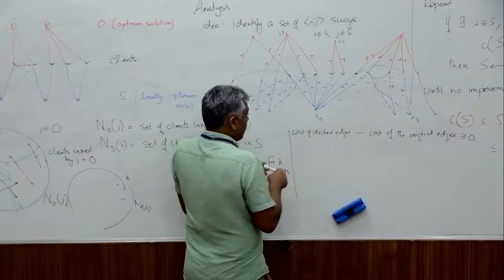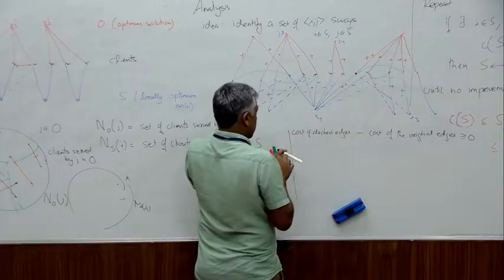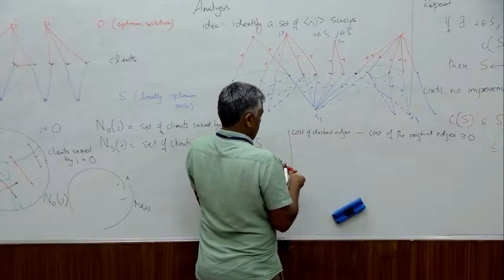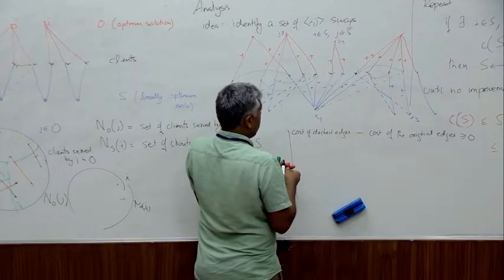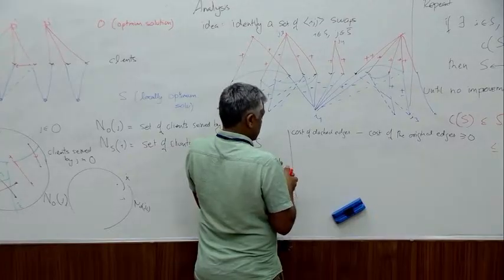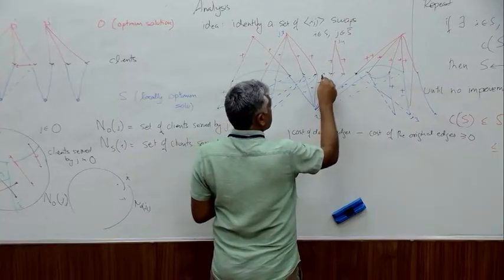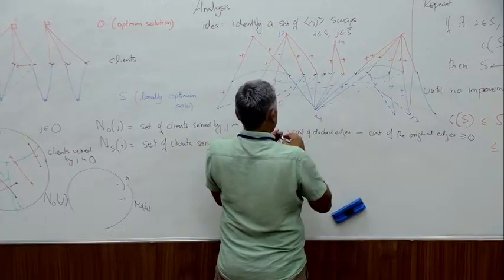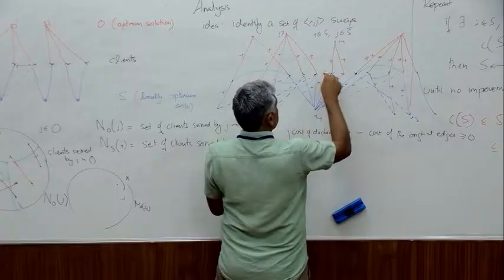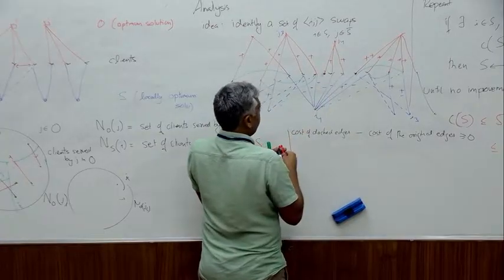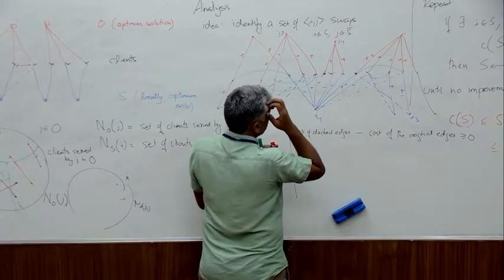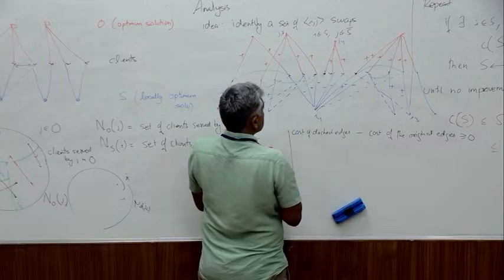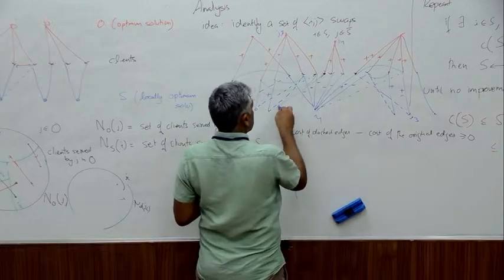Okay, so I'm going to close this and open this, and make a small change. I'm also going to say that if this was serving other clients, maybe in the optimum solution there was another client here, maybe it was served here.